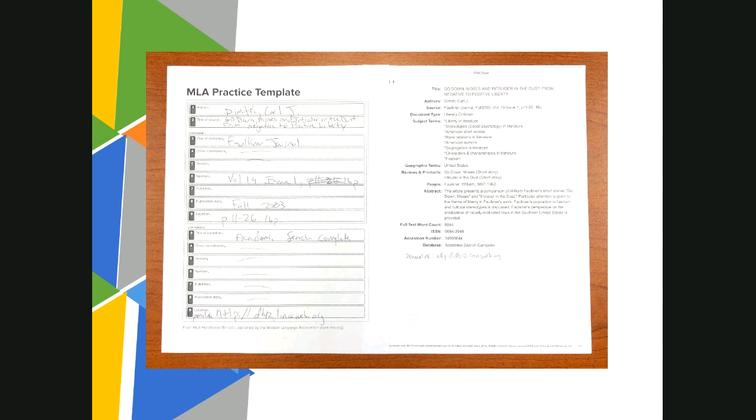What I do is, in my presentation during the one-shot session, I'll have already covered plagiarism and MLA style. Then I'll give each student a copy of the quick guide, which I mentioned earlier, and a blank MLA practice template, which you can see on the left there.